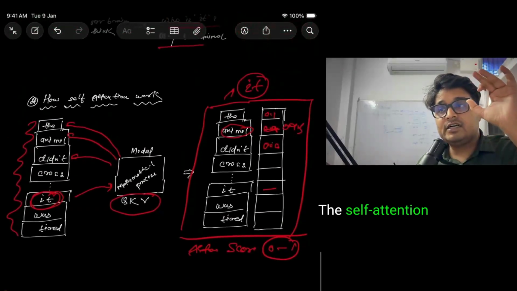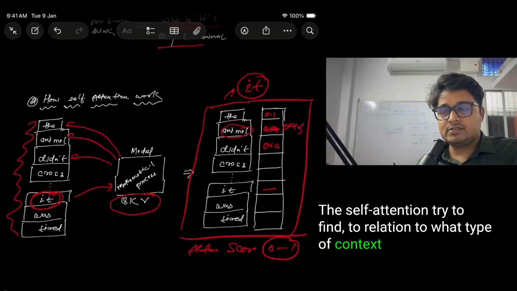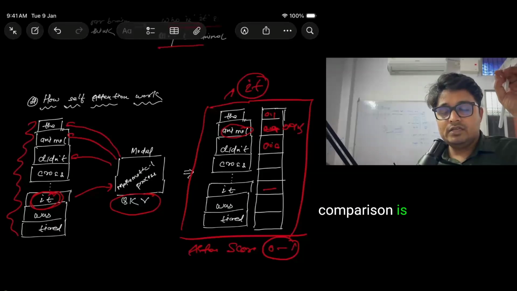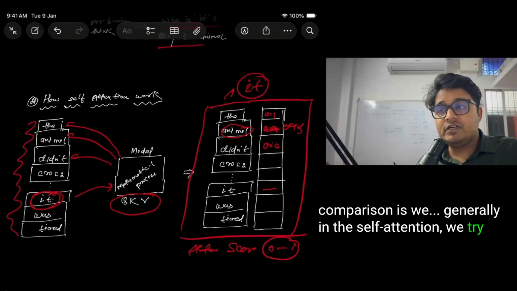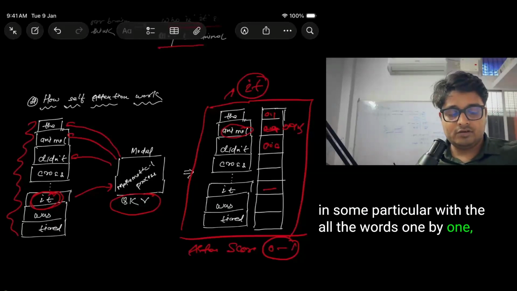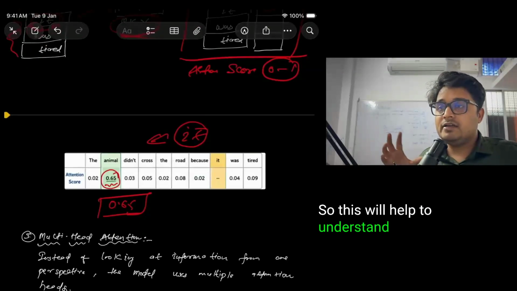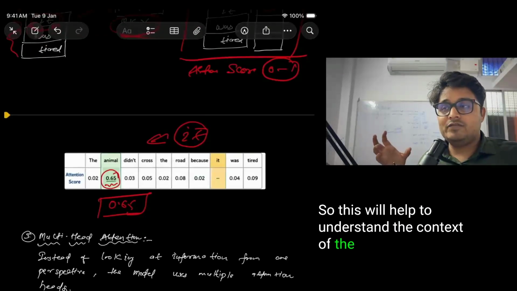Self attention tries to find what type of context or comparison there is. In self attention we try to find the relation with all the words one by one, and those are the relations. So this helps to understand the context of the entire sentence.